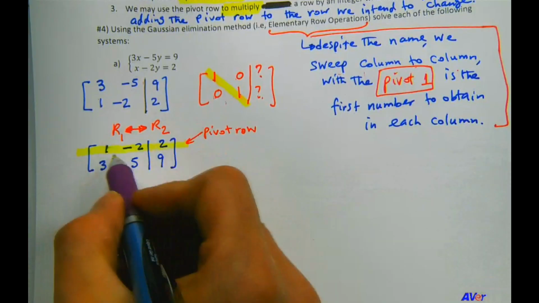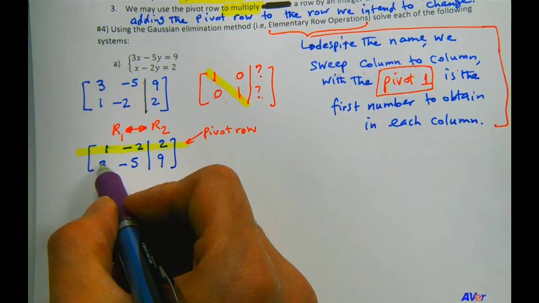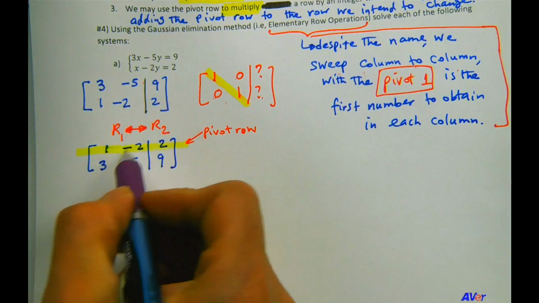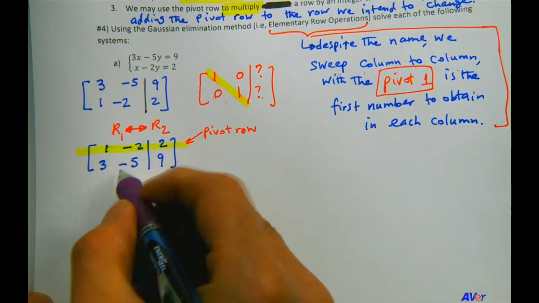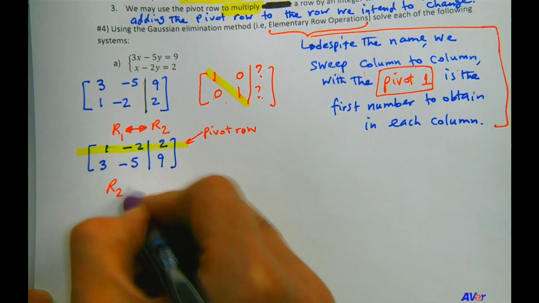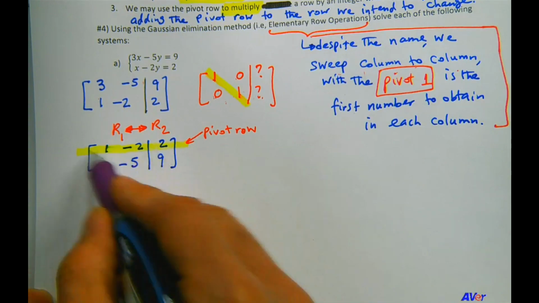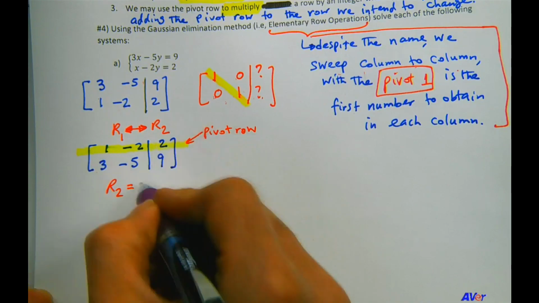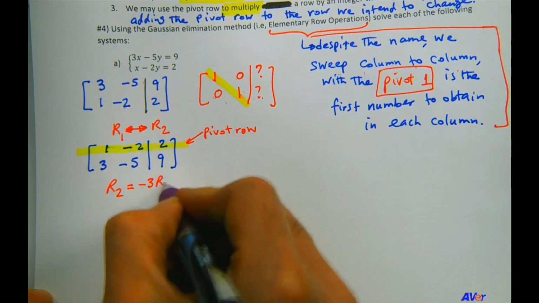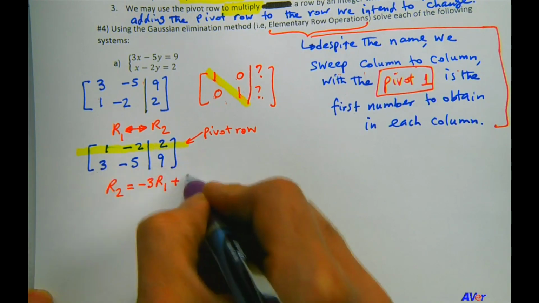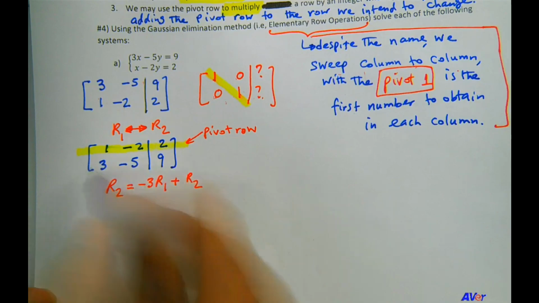All right. Well, how are we going to get -3 then? Well, you have the pivot row, right? So if you change row 2 to be equal to the first row, which is the pivot row, multiplied by -3, so -3 row 1 plus row 2, it's going to give you a 0 in that spot.